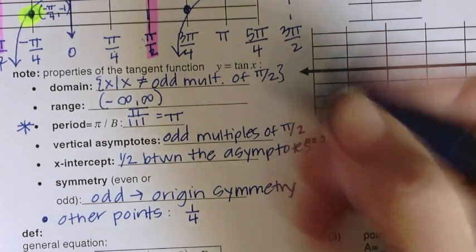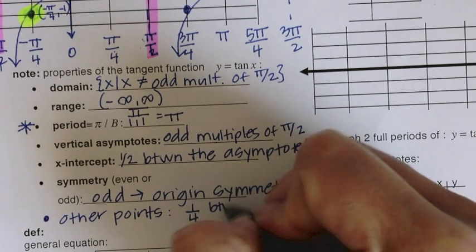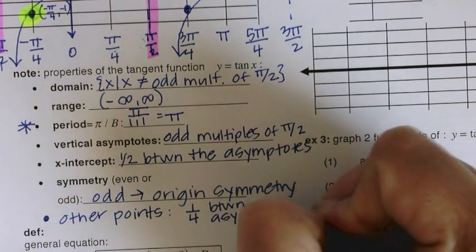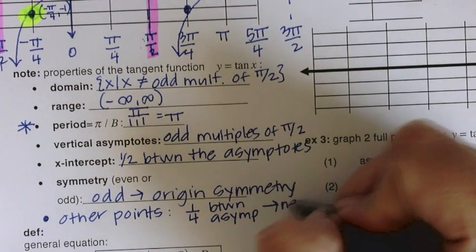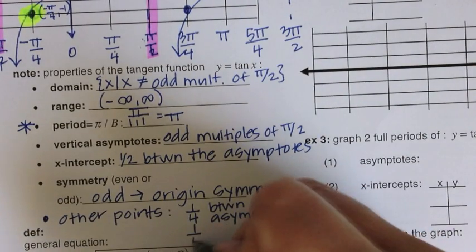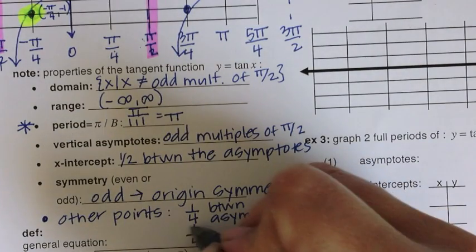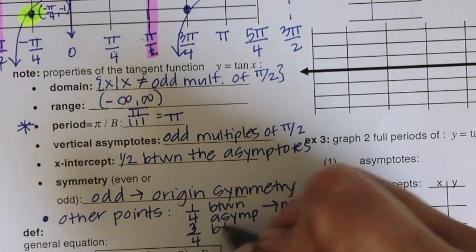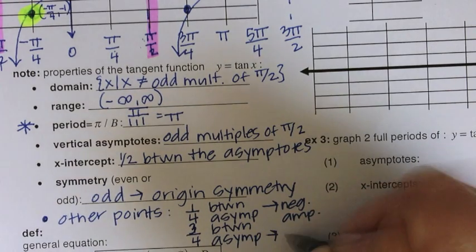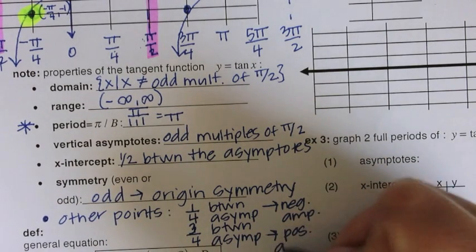We have 1/4 between the asymptotes. We have the negative amplitude. And 1/4, or 3/4, I should say, between the asymptotes. We have the positive amplitude.